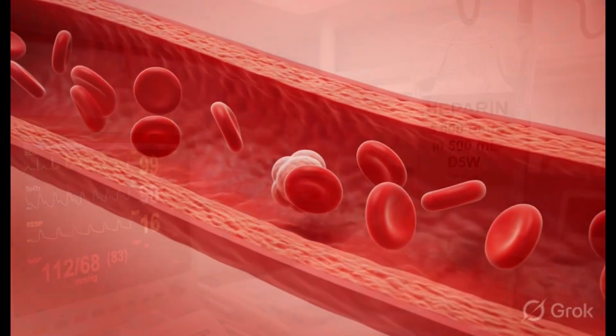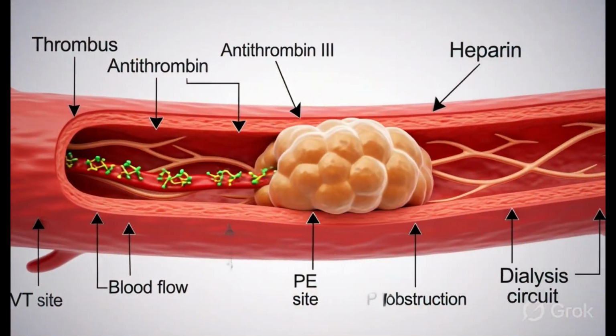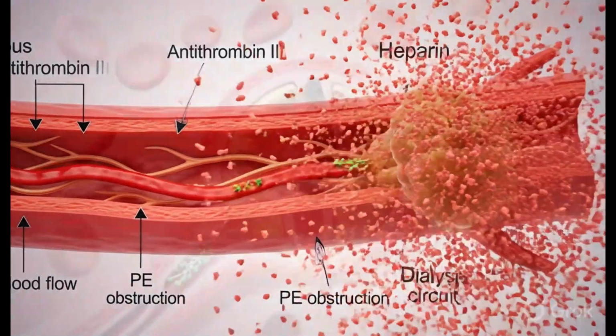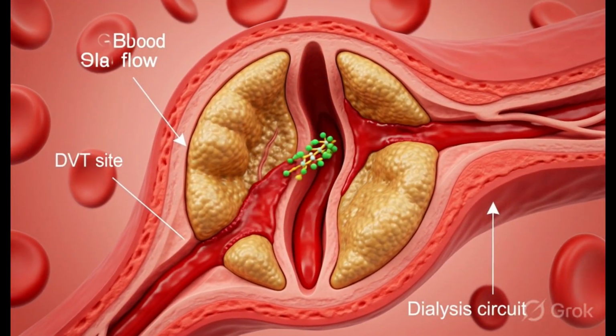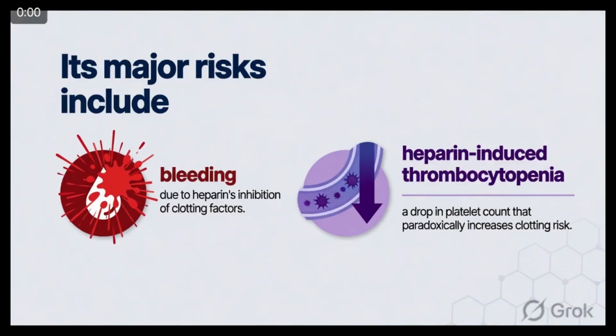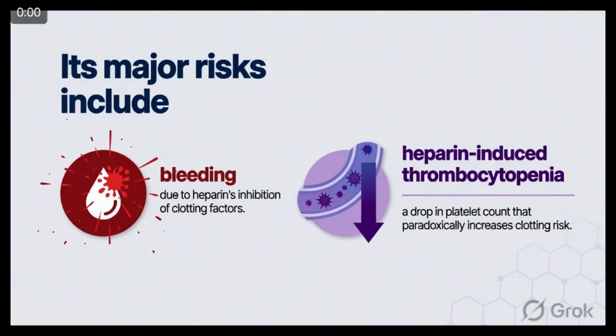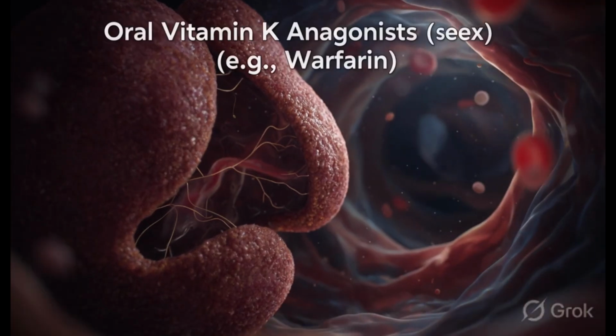Because its effect is immediate, heparin is used in acute settings, such as deep vein thrombosis, pulmonary embolism, acute coronary syndromes, and during dialysis or cardiac bypass surgery. Its major risks include bleeding and heparin-induced thrombocytopenia, a drop in platelet count that paradoxically increases clotting risk.